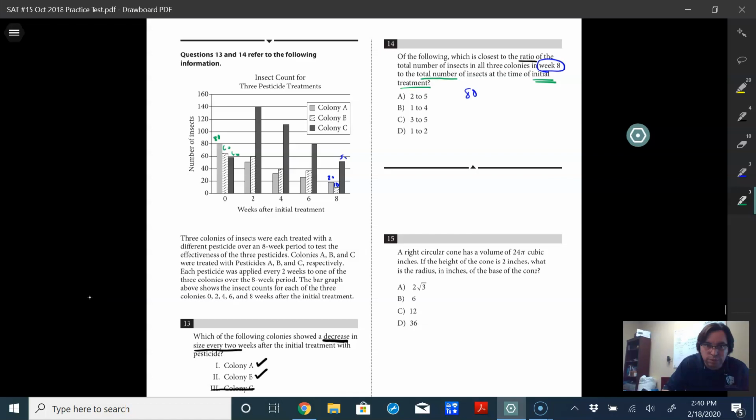So 60 plus 60 is 120, 120 plus 80 is going to give me 200. So let's work on reducing those. I'm going to cut those in half. So that's going to be 40 to 100. Cut that in half again. That's going to be 20 to 50. And then drop the zeros. So I'm going to get 2 to 5, which I can see the answer choice here would be A.